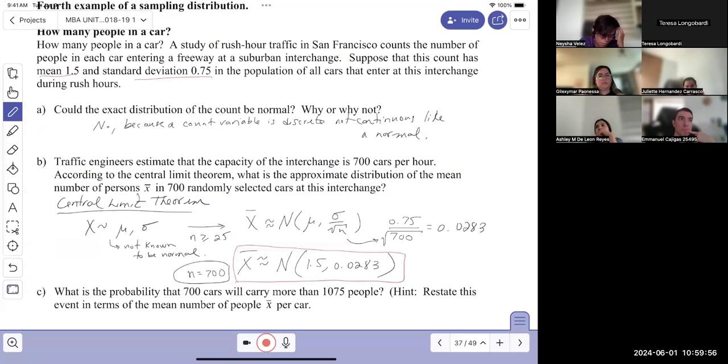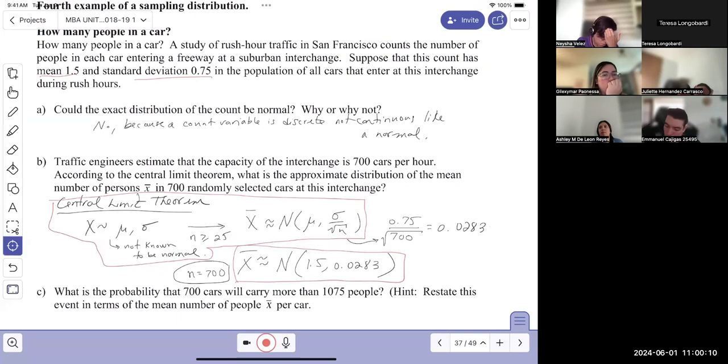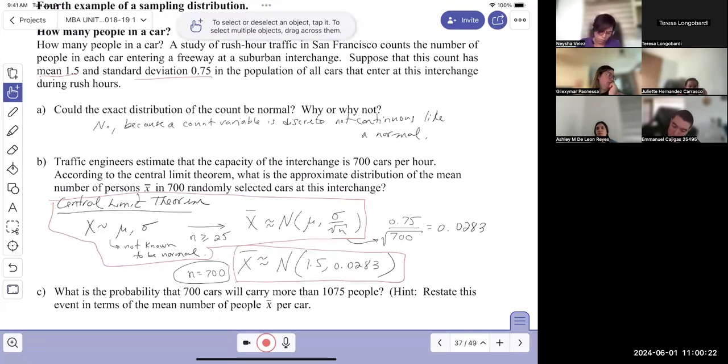This is the central limit theorem. So as I said, you might know the shape, but it's not known to be normal. It doesn't matter what it is, as long as the sample size is more than 25. Okay, so now let's apply it.